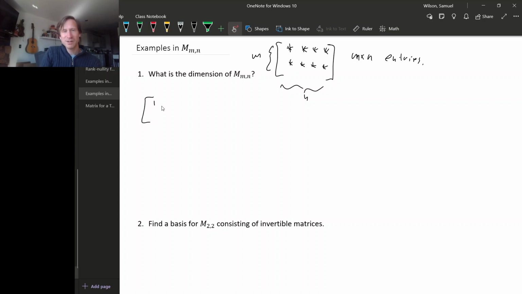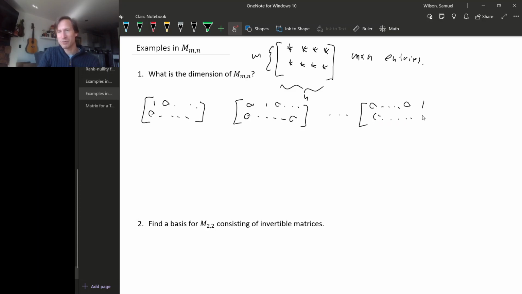Well, there would be a 1 and then zeros everywhere else. And then there would be a 1 in the second position in the first row, and zeros everywhere else. And so on, all the way down to zeros in the first row except for a 1 at the end, and then zeros everywhere else. But that's just for the first row.